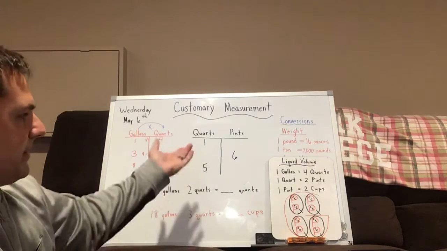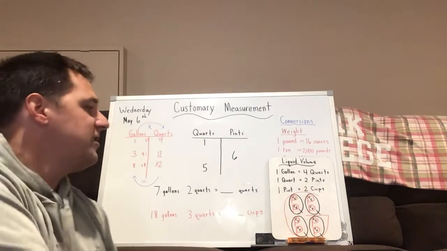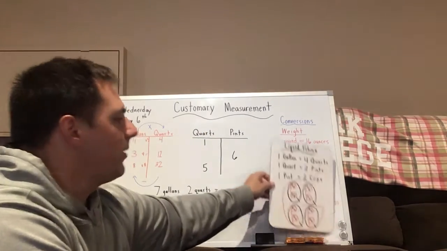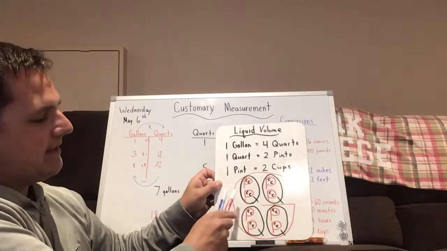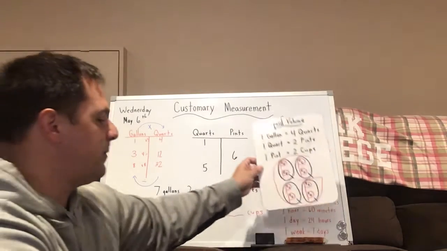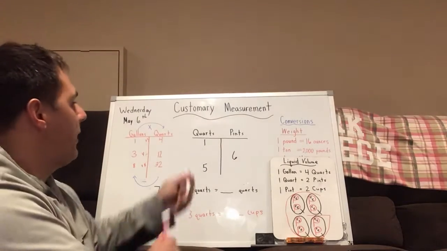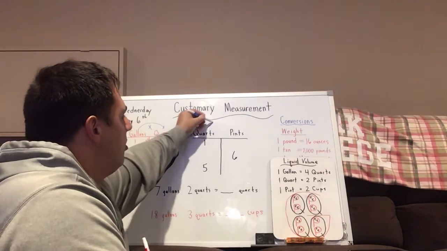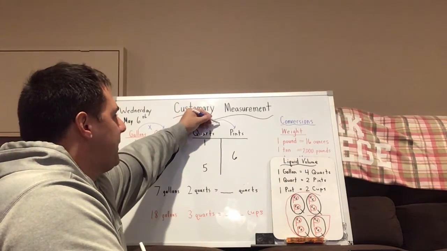And then I have another example I'm going to do, and this time I'm just going to go from quarts to pints. So again, I'm going to use my conversion chart. I see up here that 1 quart is equal to 2 pints, or I can see inside my 1 quart here, there are 2 P's, so that helps me as well. So I know, again, if I'm going from a bigger unit to a smaller unit, as in the first example, I have to use multiplication.